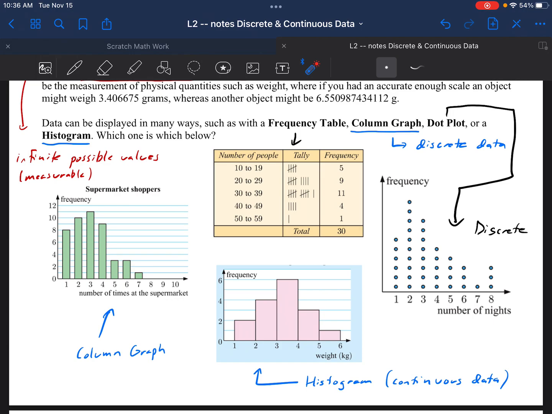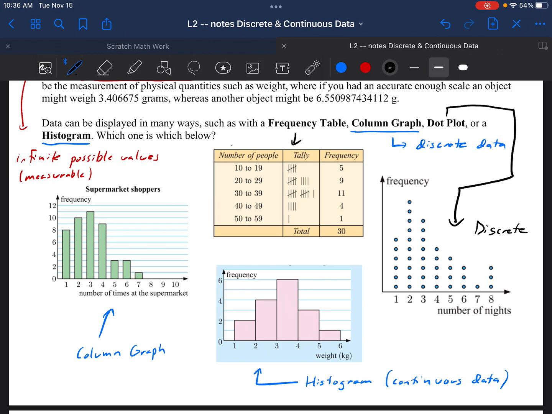And then the frequency table, yeah, this is measuring the number of people between 10 to 19, 20 to 29, 30 to 39, 40 to 49, 50 to 59. So I'm actually thinking that this is ages.